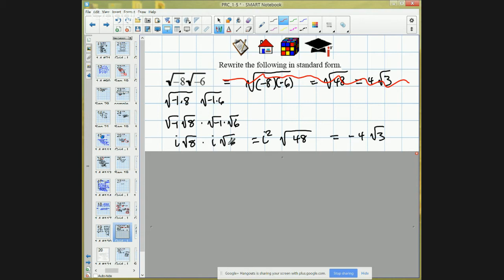Now I can join the 8 and the 6 to get the square root of 48, but you notice the i times i is an i squared. There's the correct answer. Do you see what's wrong on the top there? Yeah, it's dead wrong. I've got the sign wrong. So, caution.